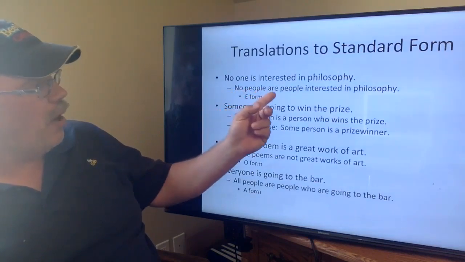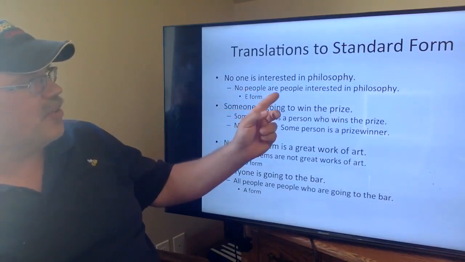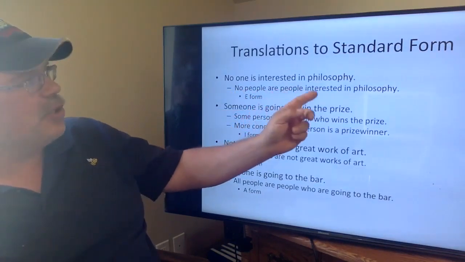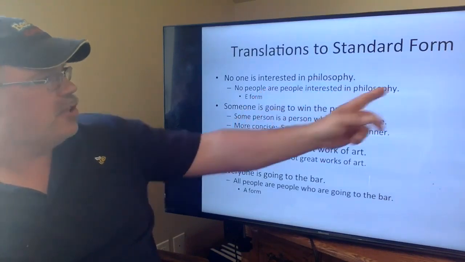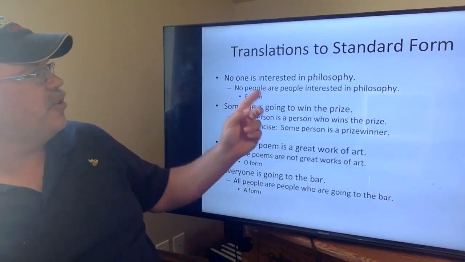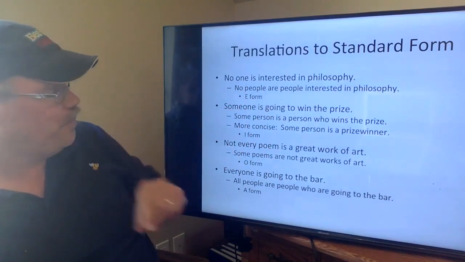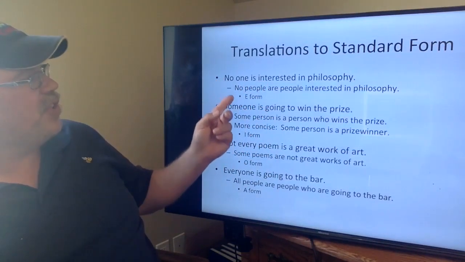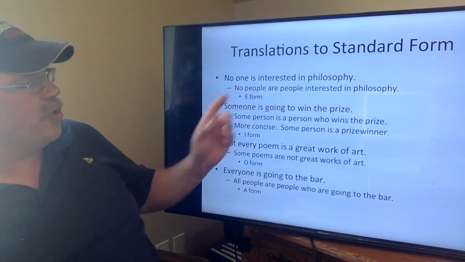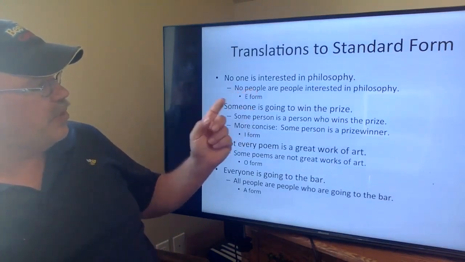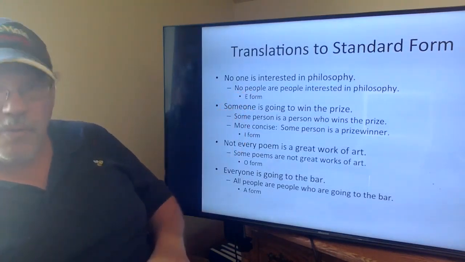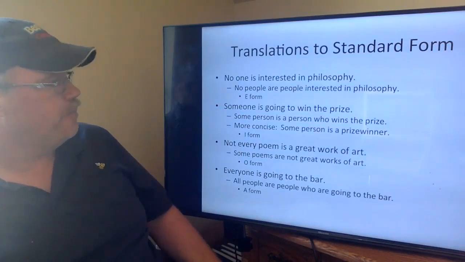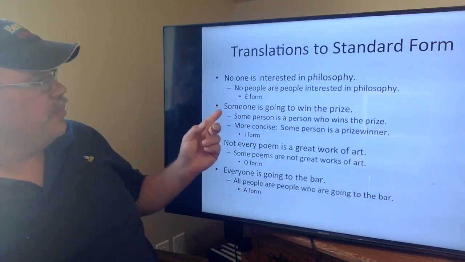No people are, and here comes the description of the second set, people interested in philosophy. So that's your predicate, and here's your subject. Given that it's universal, it's about all of the subject, and it's negative, we think that's an E form. Next one.